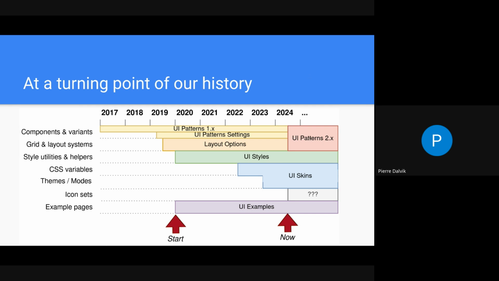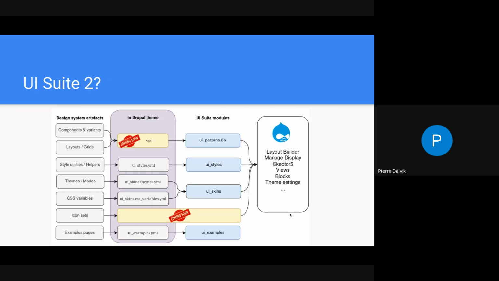But UI Patterns 2 will be a big change because it will merge UI Patterns 1, UI Patterns Settings, and Layout Options. So we are in UI Suite 2 in a way. It's very exciting, a lot of changes, a lot of moves. And in September, we will have this new offer of 5 powerful and solid modules.